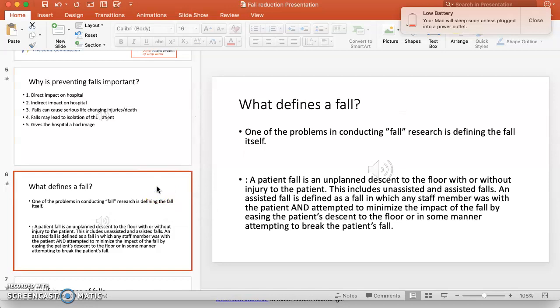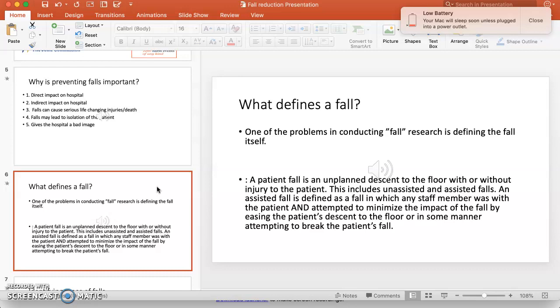So what defines a fall? I've been reading Janice Moore's book, and she talked about how defining a fall in the research is problematic because so many different clinicians have a different definition for a fall. Most will say that a patient's fall is an unplanned descent to the floor with or without injury, whether it's witnessed or unwitnessed.